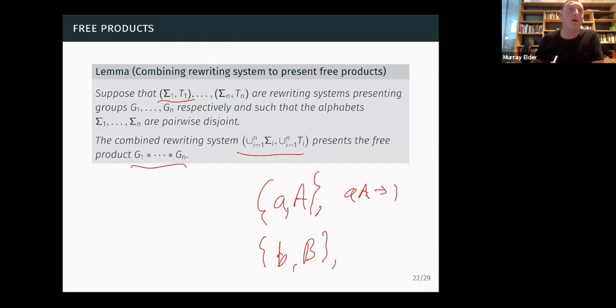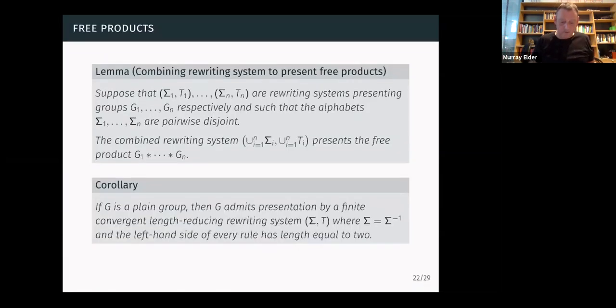And now free products of any collection of groups that we already know also have one of these rewriting systems. So we get this corollary, that if you're a plane group, then I can give you an explicit length reducing rewriting system. And moreover, the left-hand sides have length 2, because that's the one that I chose.